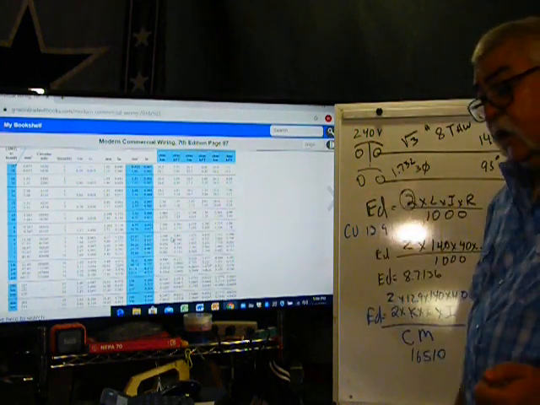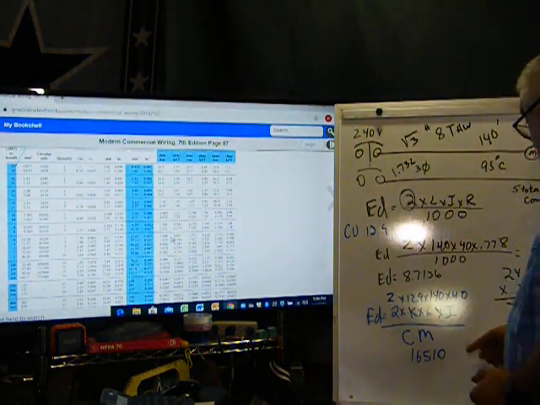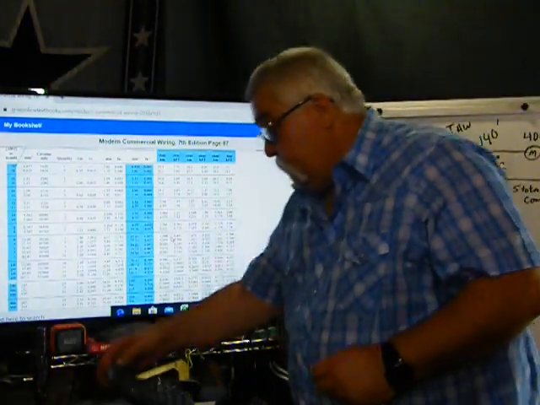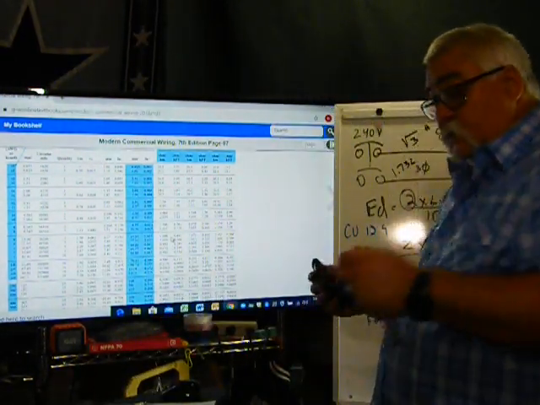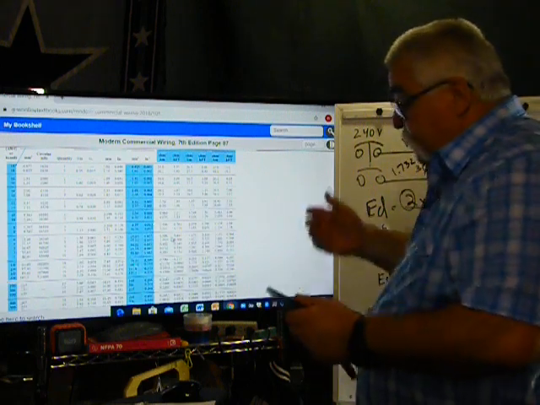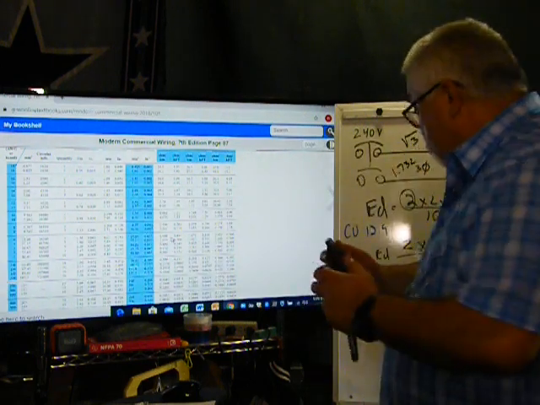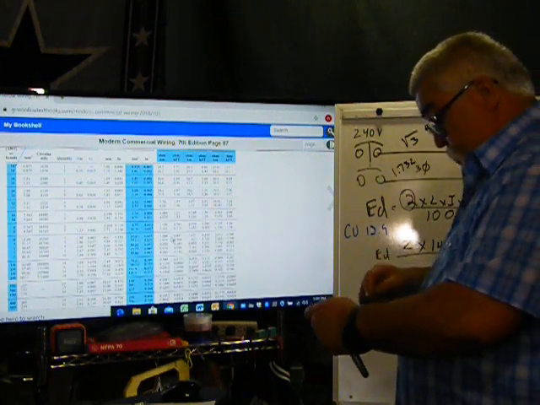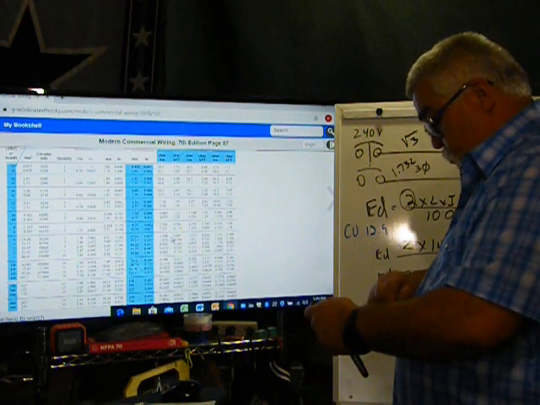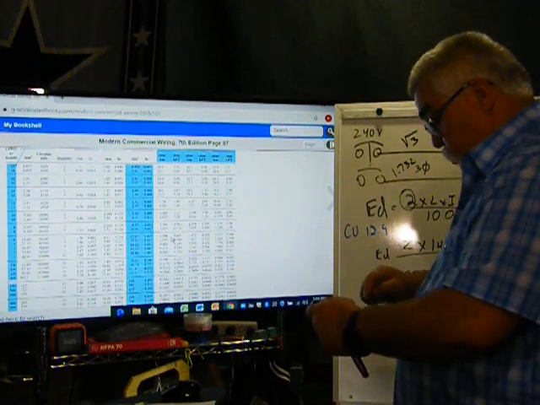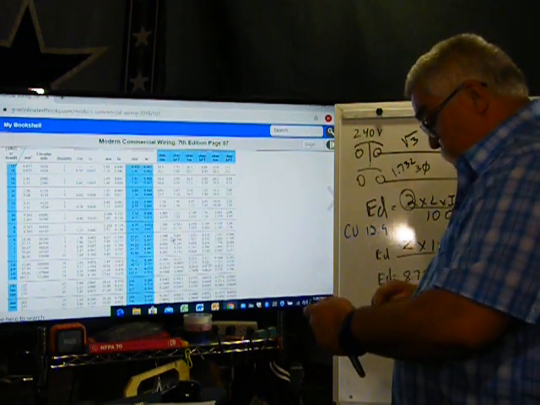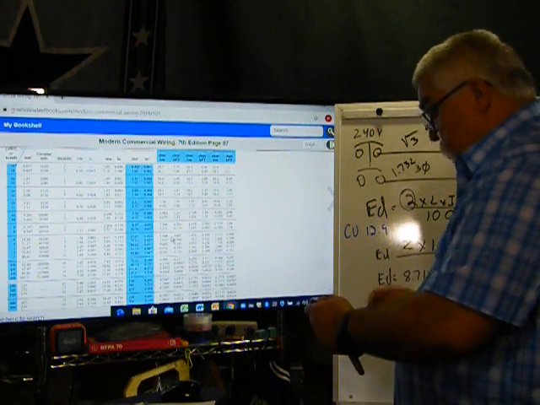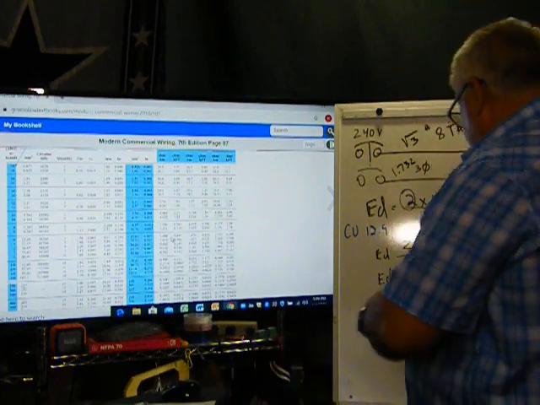Because we didn't use exact K, these numbers are going to match. This number and this number are going to match because I'm using an approximate. Always remember, circular mills times resistance divided by 1,000 would give you the exact K. 2 times 12.9 times 140 times 40 divided by 16 by 10 equals 8.75.